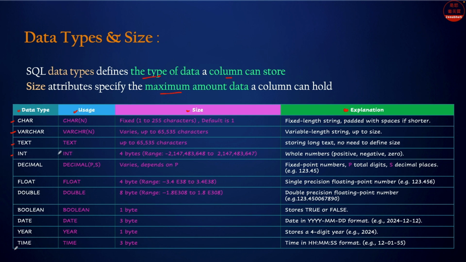If you want to write a numerical value, then you will write integer. You don't need to specify the maximum size. If you want to write decimal values, then you will use decimal, float, and double. If you want to write a boolean value, then you will write the boolean data type. And if you are handling date, year, and time, you will use this data type.